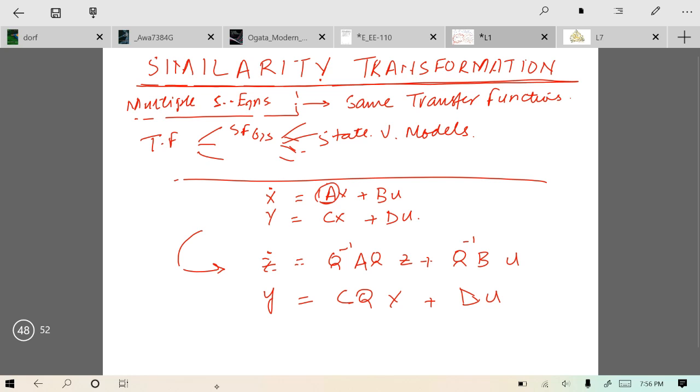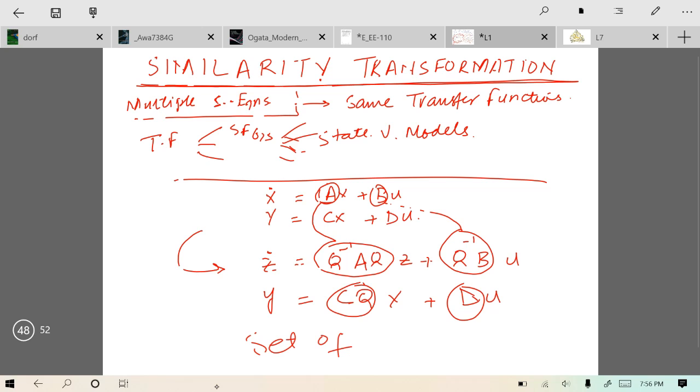Here a is transformed into q inverse aq, b is transformed into q inverse b, c is transformed into cq, and d remains same. So this q inverse aq, q inverse b, cq and d gives you another set of state equations.